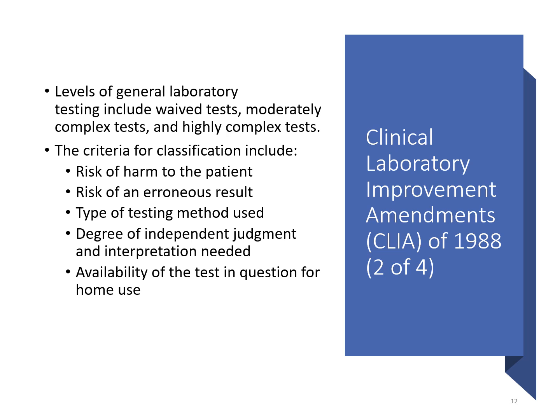And so for something to be categorized, they look at things like the risk of harm to the patient, the risk of getting any sort of false results, false positives or false negatives, and the particular test method that you use. Does it go through several steps? Is the person running the test able to judge it, or do they need something to aid in determining and interpreting the results of that test?